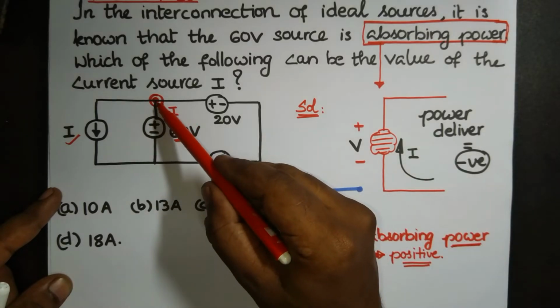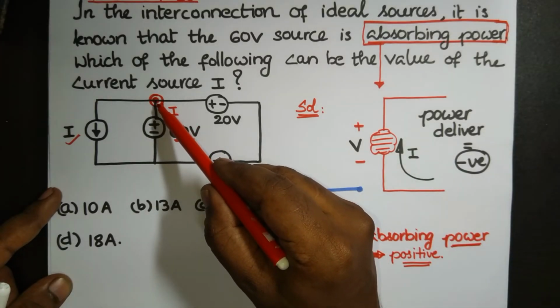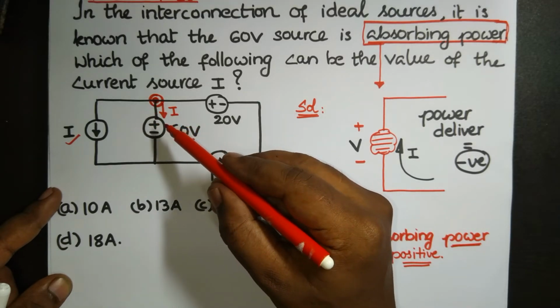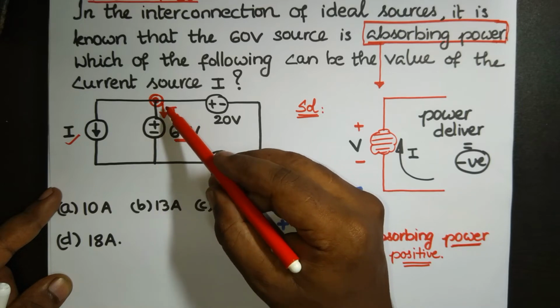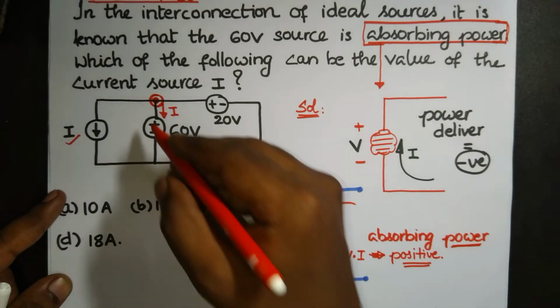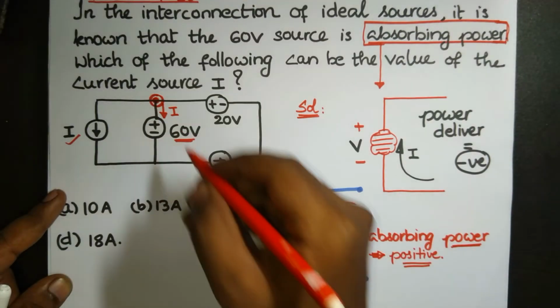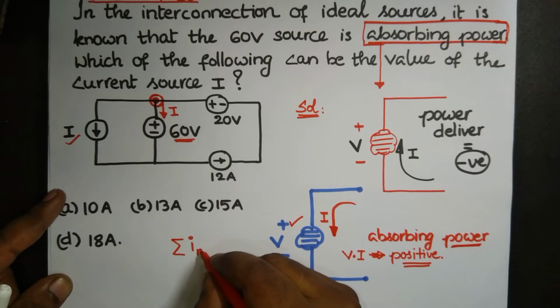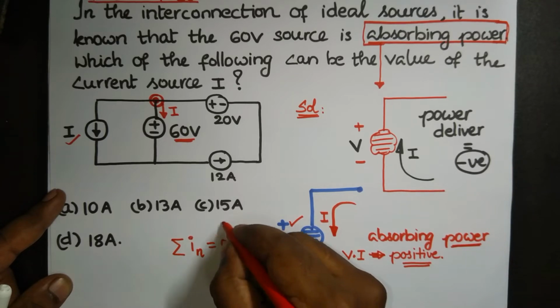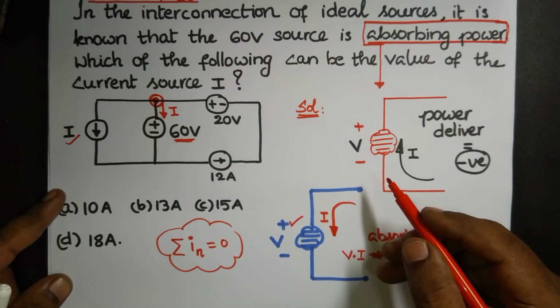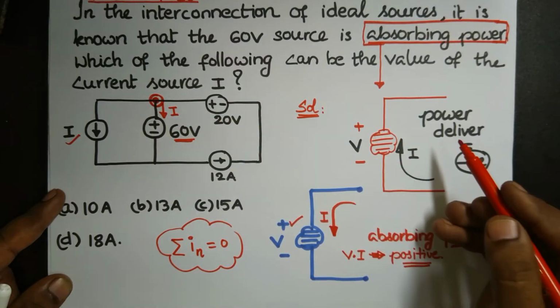That means at this node, charge should never accumulate. So to make KCL satisfied, you have to see that charge is not accumulating. Therefore at this node, the algebraic sum of currents must be 0. If that is the case, we could say KCL holds here.